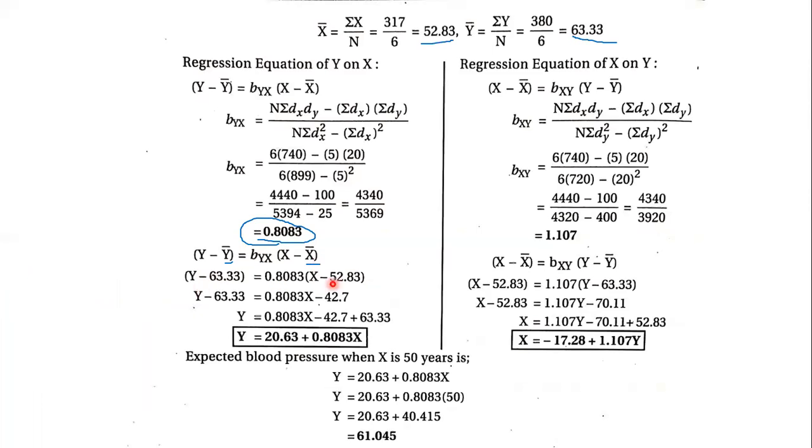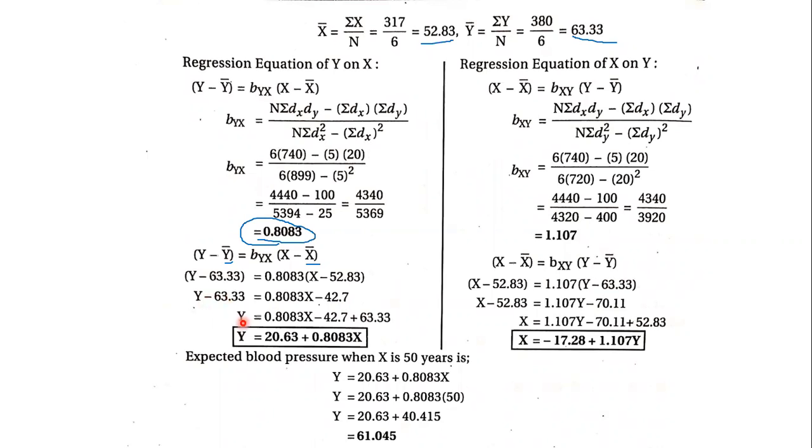Now just simplify this. First we'll simplify this side. 0.8083 into x is 0.8083x. 0.8083 into 52.83, if you multiply these two numbers, you'll get 42.7. So now we have y minus 63.33 is equal to 0.8083x minus 42.7. In the next line, we will take y to one side and all the numbers to the other side.